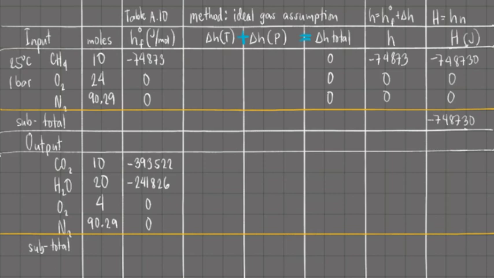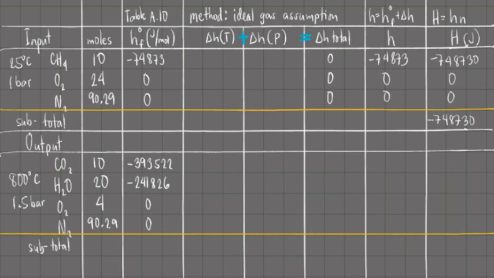Now let's move on to the products or the output. We will have a different treatment for the output substances because these are at 800 degrees Celsius and 1.5 bar. So if you will compare this with our initial state or our input state, both the temperature and pressure varied. However, since we are assuming that these are ideal gases, and as we have determined earlier, the change in enthalpy for an ideal gas with regards to the change in pressure at constant temperature is equal to 0.